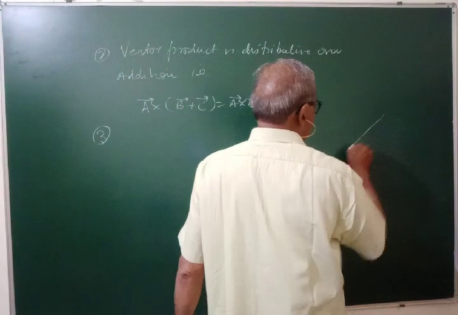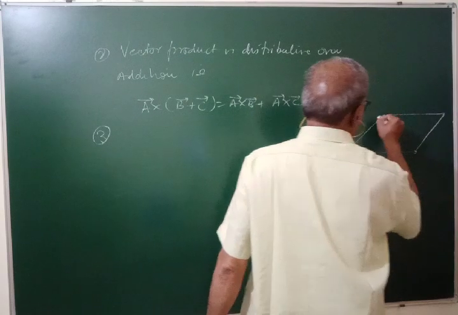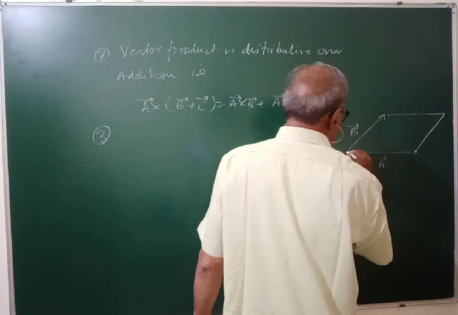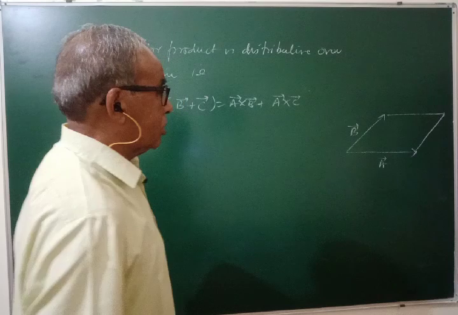Number three, if two vectors are represented by sides of parallelogram, suppose this is vector A and this is vector B. You know, length of line represents magnitude and arrow is the direction.